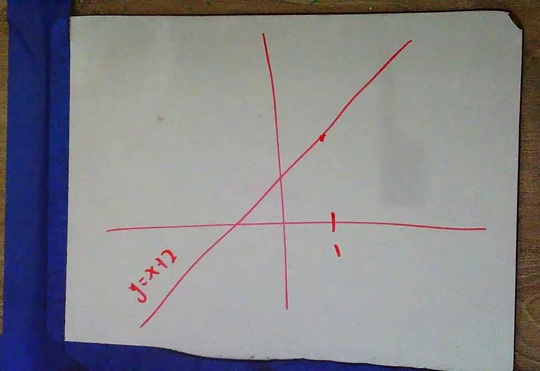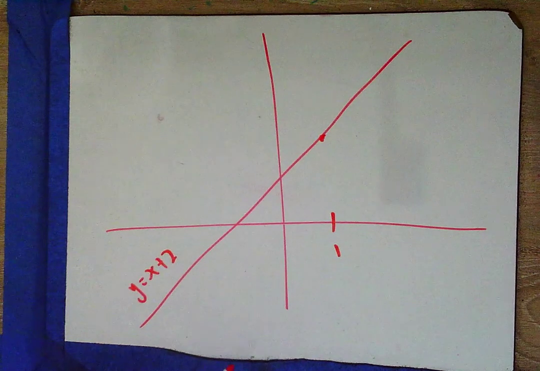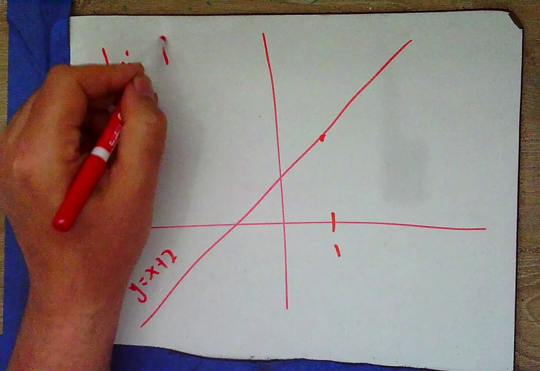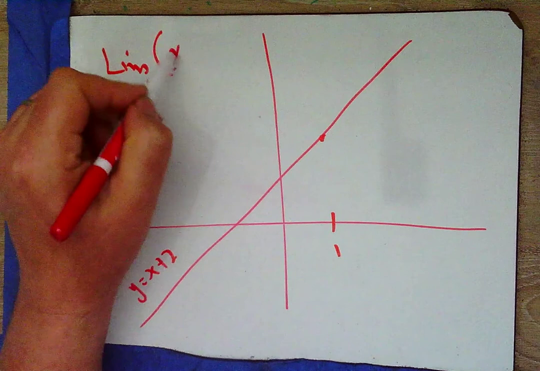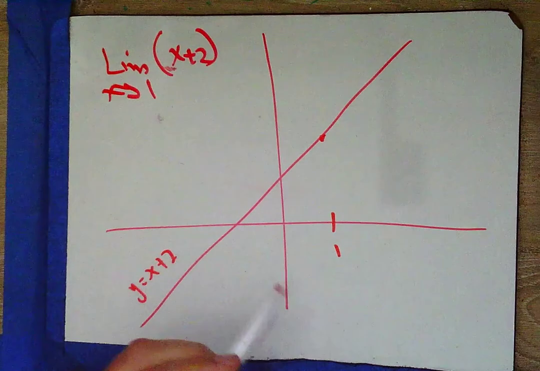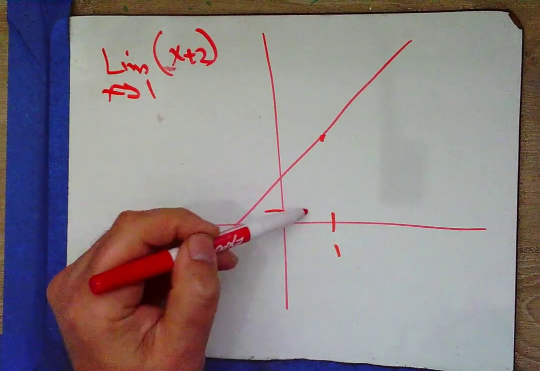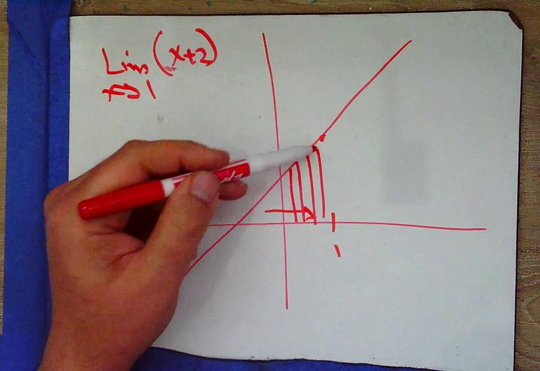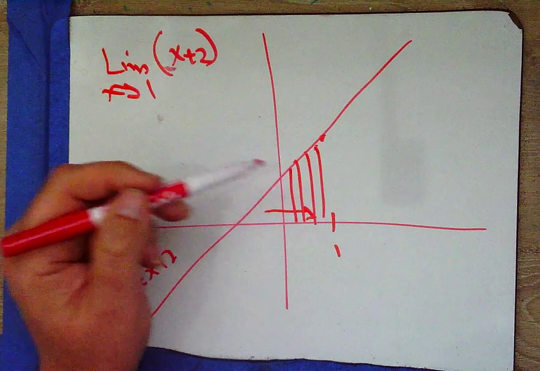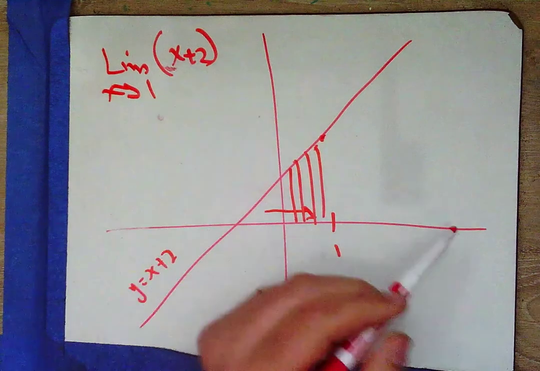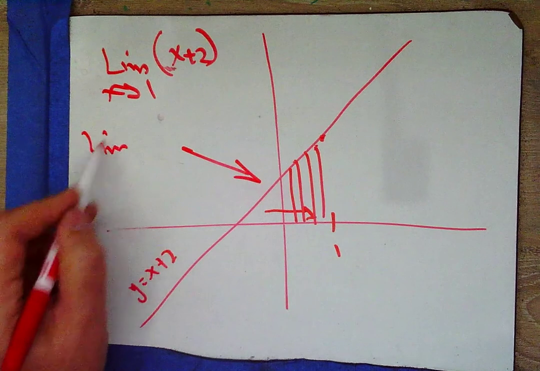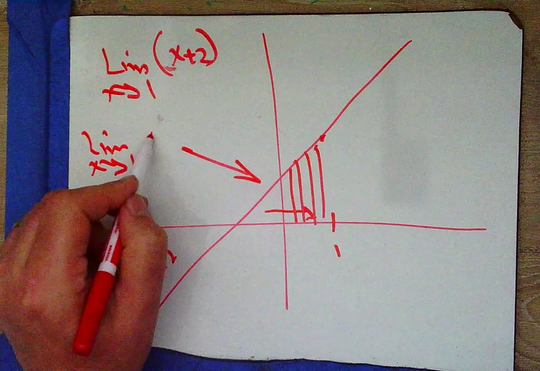And asking the question, well, what is the limit as x approaches 1 of x plus 2? And what we saw is, as the x values got closer to 1 this way, these y values got closer and closer to 3. And that was the limit as x approaches 1 from the negative side.